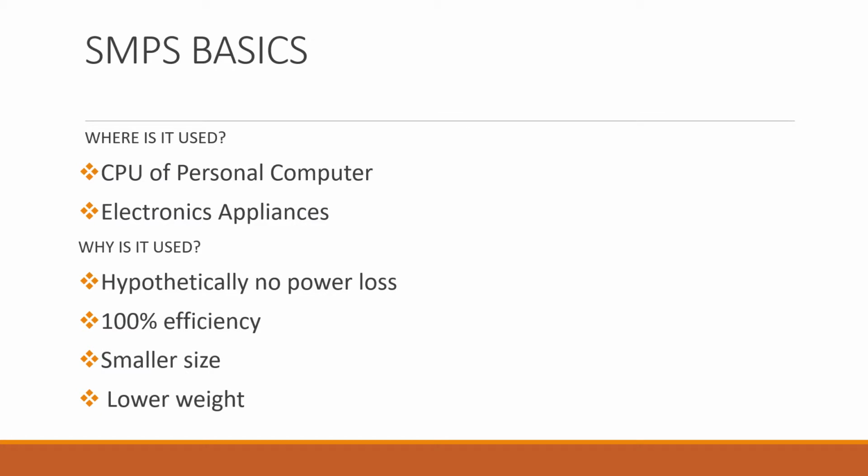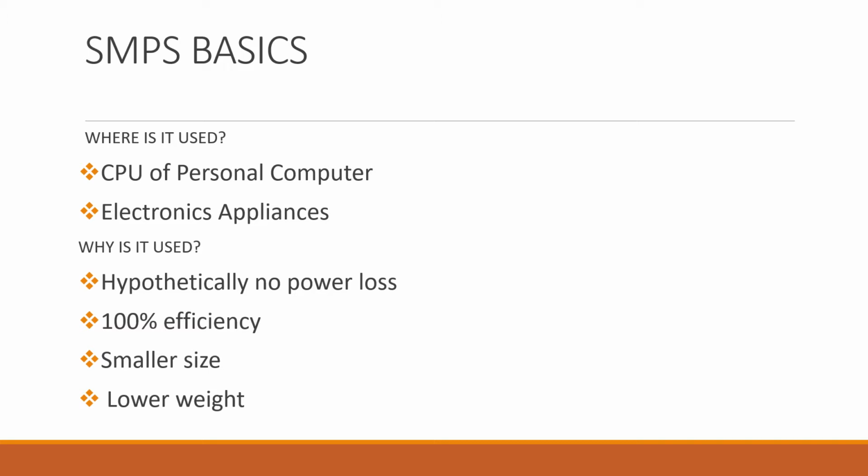Let us have a look at some basics related to SMPS. Where this SMPS is used, so you will find SMPS in CPU of your personal computer. It is also there in electronics appliances that you are using at your home. There are many advantages of SMPS over linear regulator, and that's why it is used.